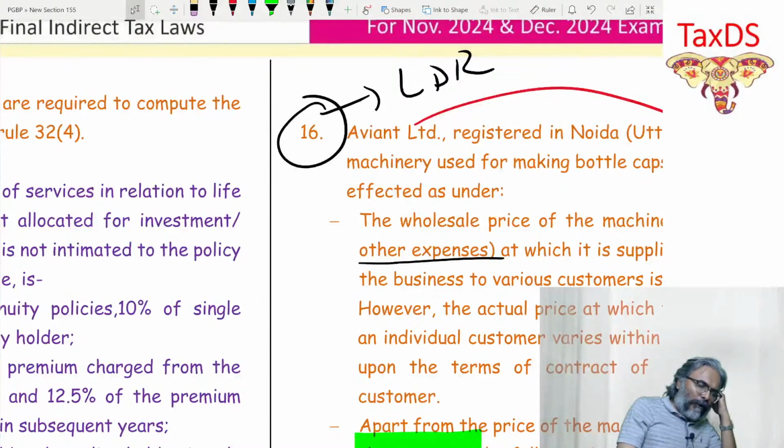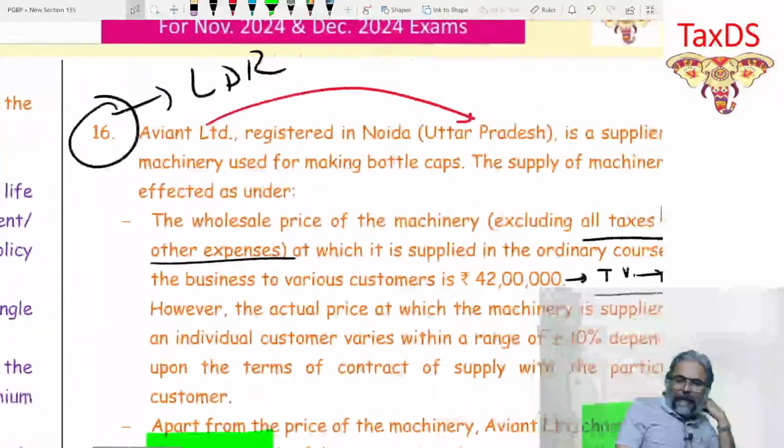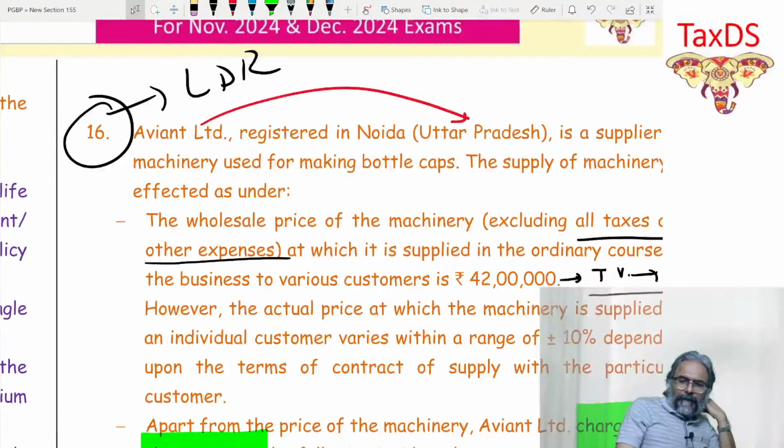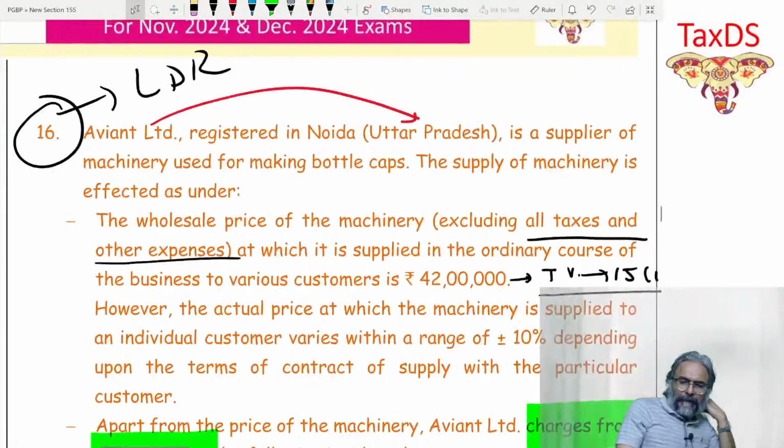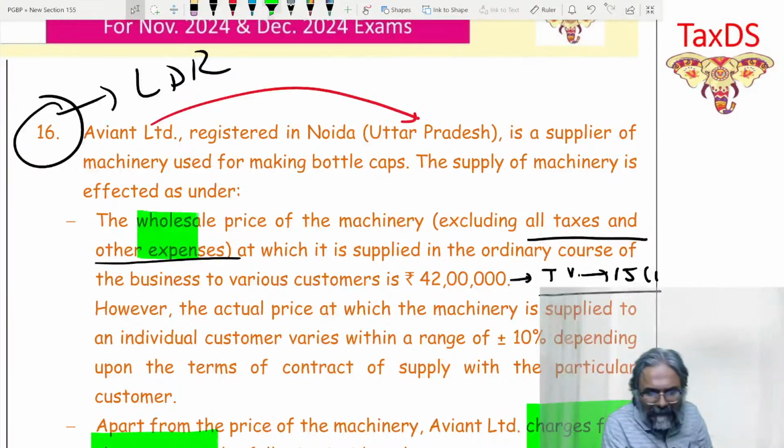With your particular observation, it should be 44 lakhs. From where you got this 40 lakhs is my question. The wholesale price is this.